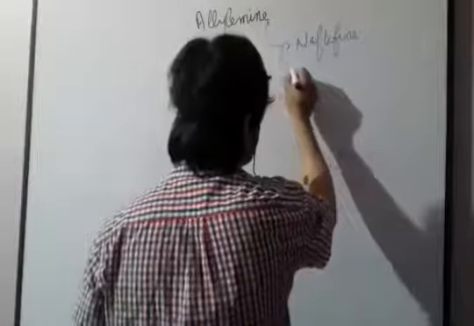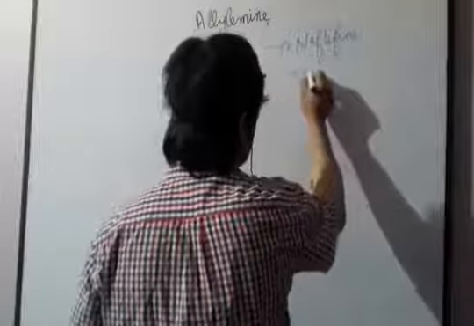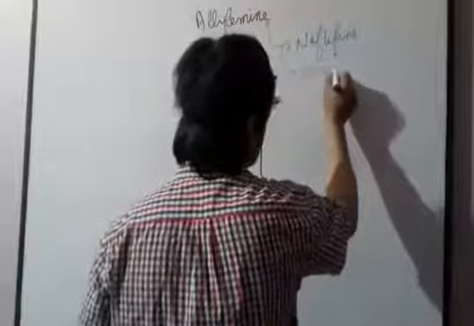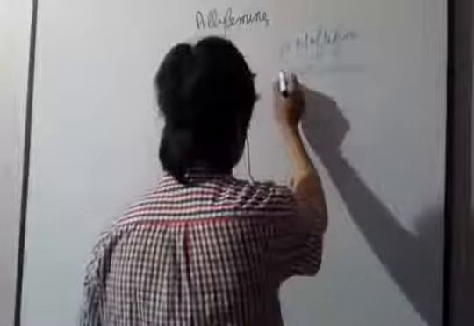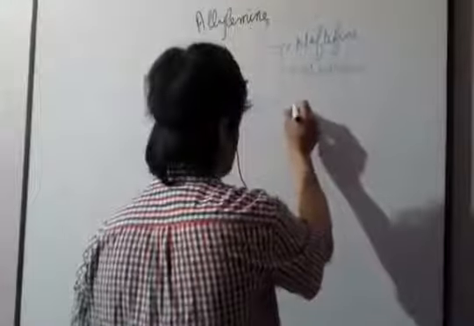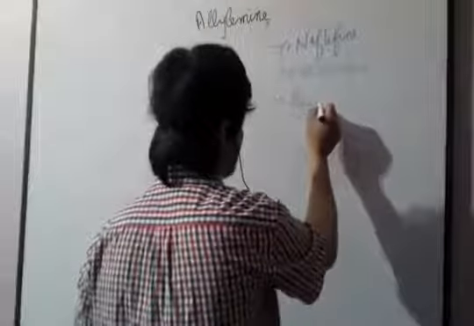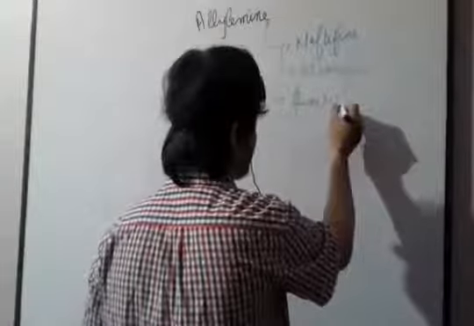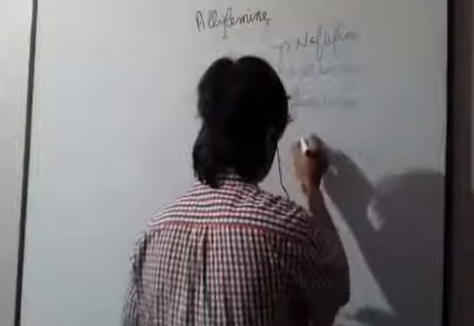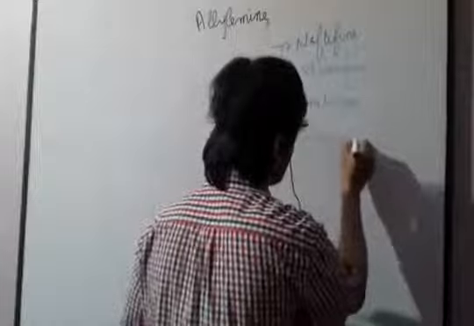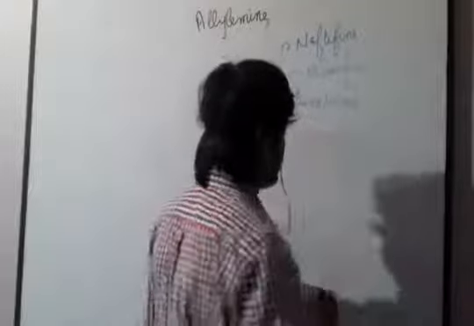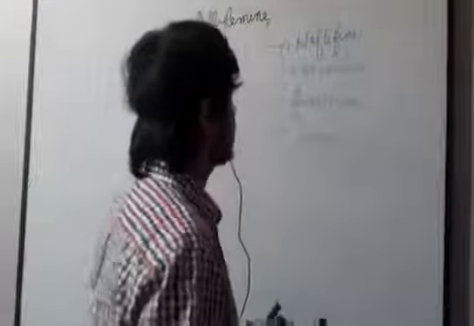The second drug in this case is terbinafine. Then flunarizine, and butenafine. So these are the special drugs which are used as allylamines.